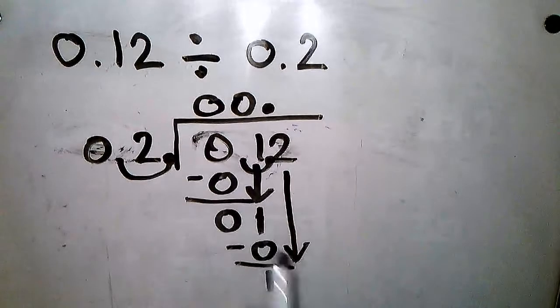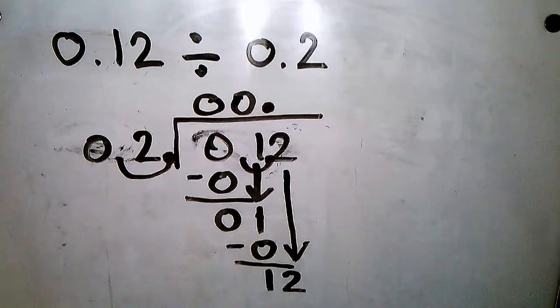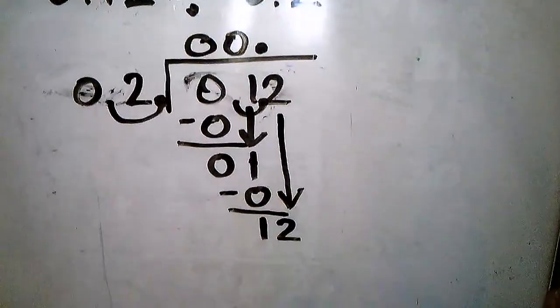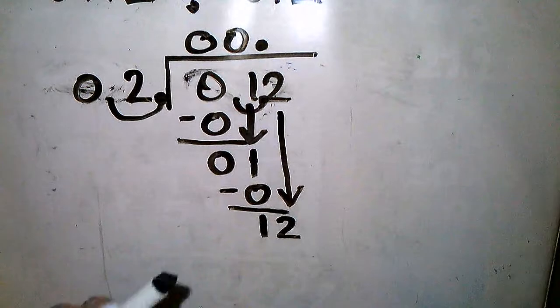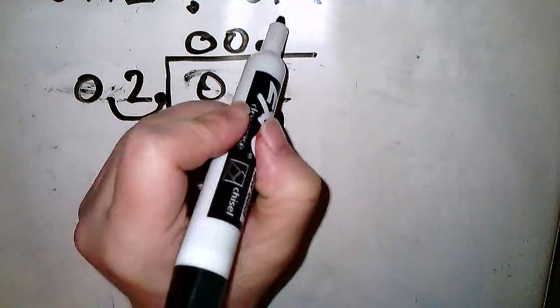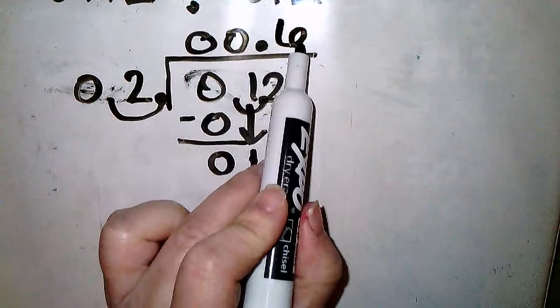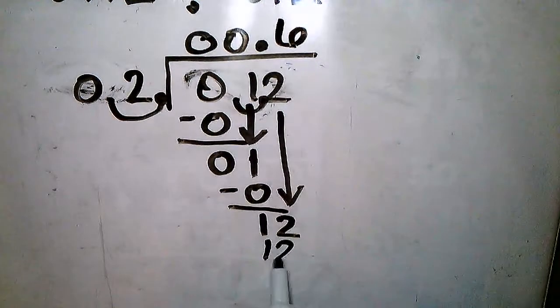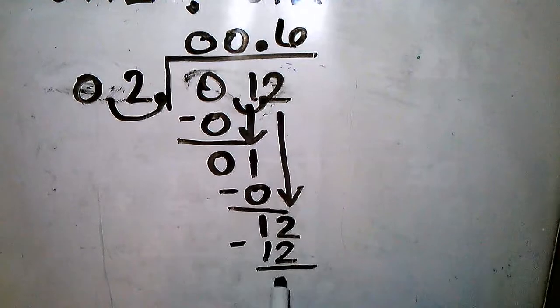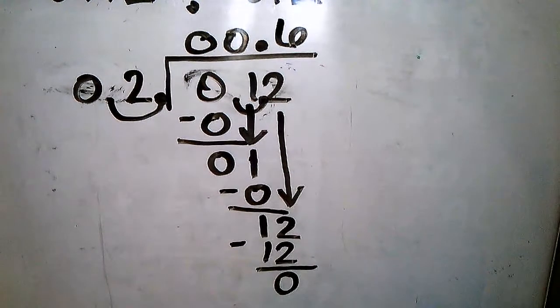Bring down my 2. And now I have 12. Well, how many times is 2 going to go into 12? 2 times 6 is 12, so 6. 6 times 2 is 12. 12 take away 12 is 0.